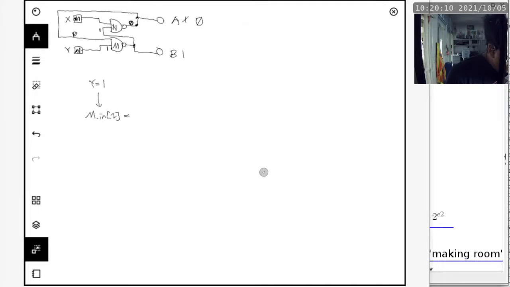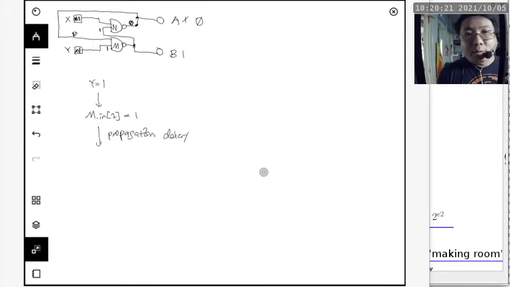So this is now a 1, and then we have the propagation delay. Because the input of m has in fact changed, it used to have 0, 0 as its input, and now it has 0, 1 as its input. So it does take a little bit of time to determine what the output is going to be.